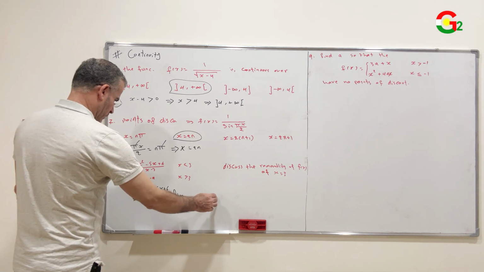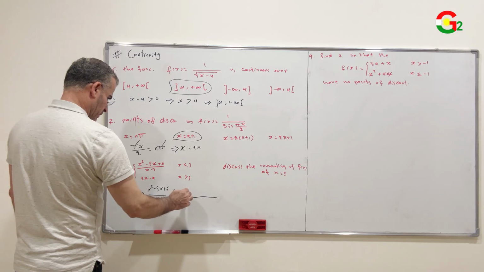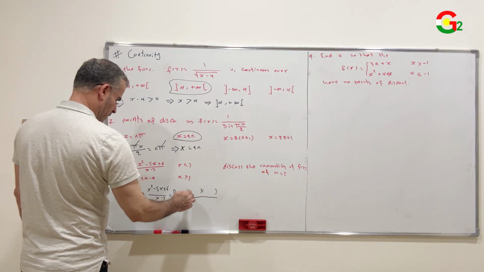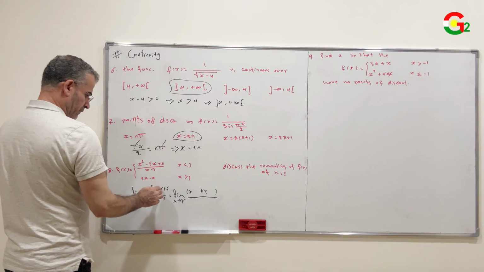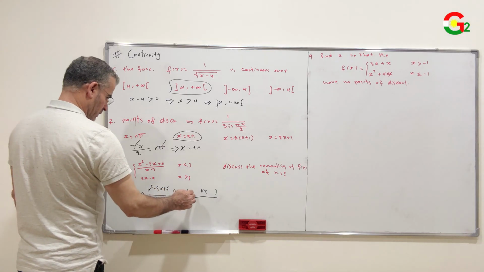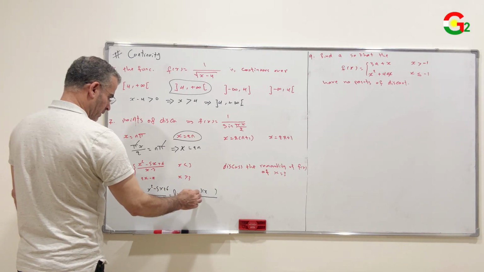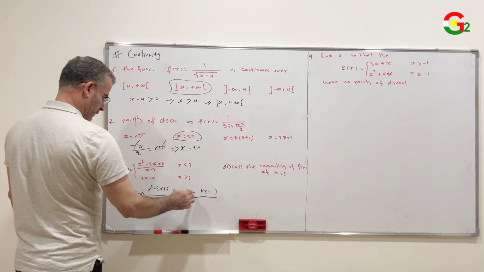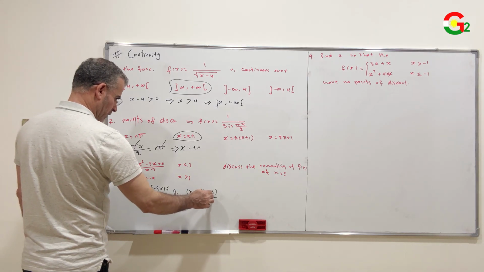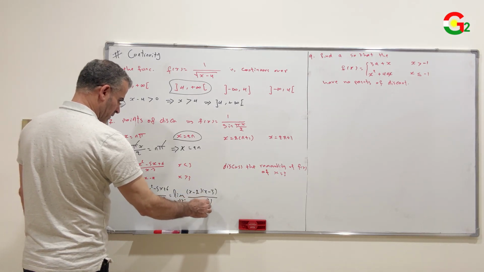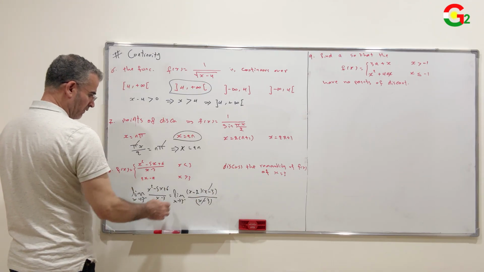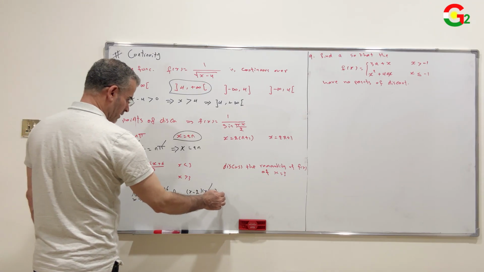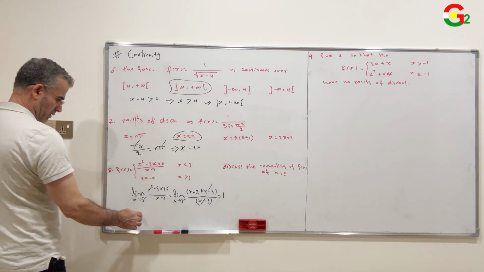But let us analyze the numerator: it factors as (x - 2)(x - 3) over x - 3. Cancel x - 3 with x - 3, substitute every x with 3, 3 - 2 equals 1.